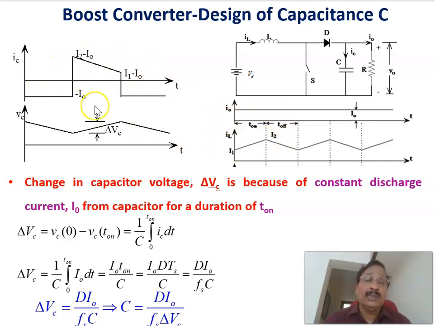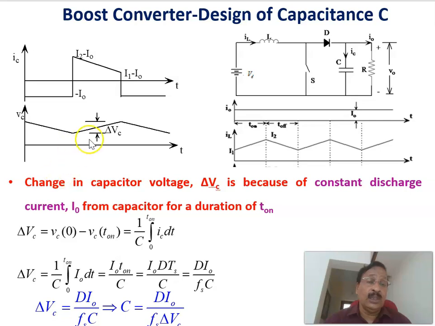And if you see the voltage across the capacitor here, during the discharge of the constant current I0, there will be a dip in output voltage. Delta VC is the change in voltage due to a constant current I0. In order to find out how much the voltage is dipping here, the change in capacitor voltage delta VC is because of the constant discharge current I0 from the capacitor for a duration of the on period, T on.